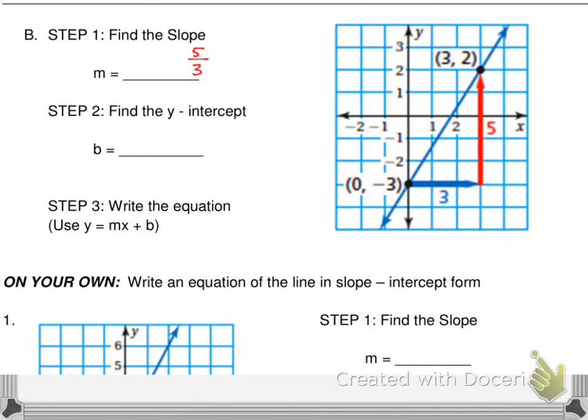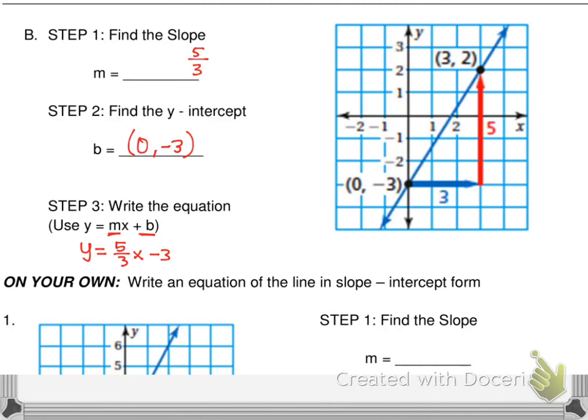The y-intercept, looking for the y-axis number, is 0, -3. Then again, I want to write an equation, replace the m, replace the b, so I have y is equal to 5 over 3x minus 3. Keep in mind that we're going to keep 5 over 3, the slope, as an improper fraction.